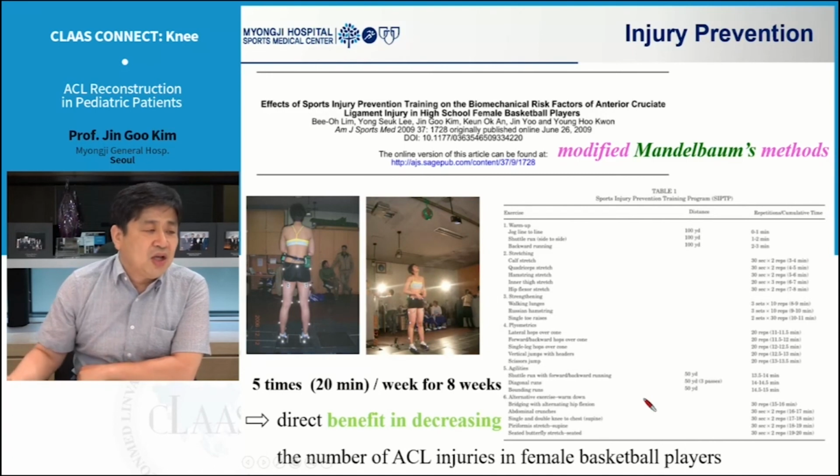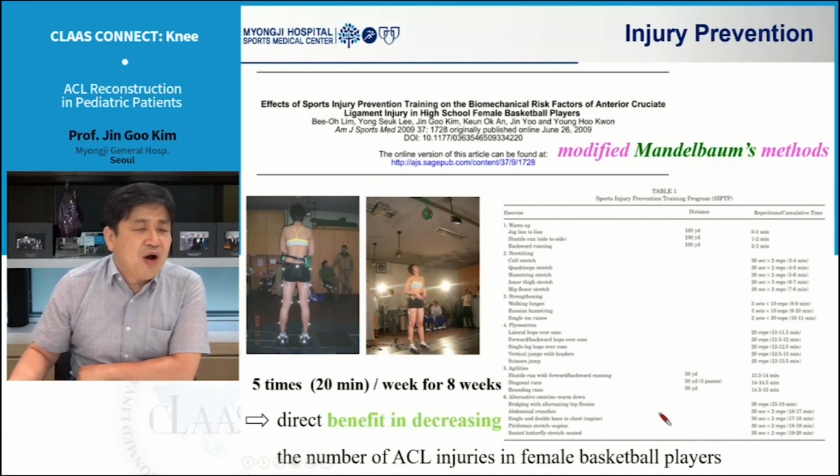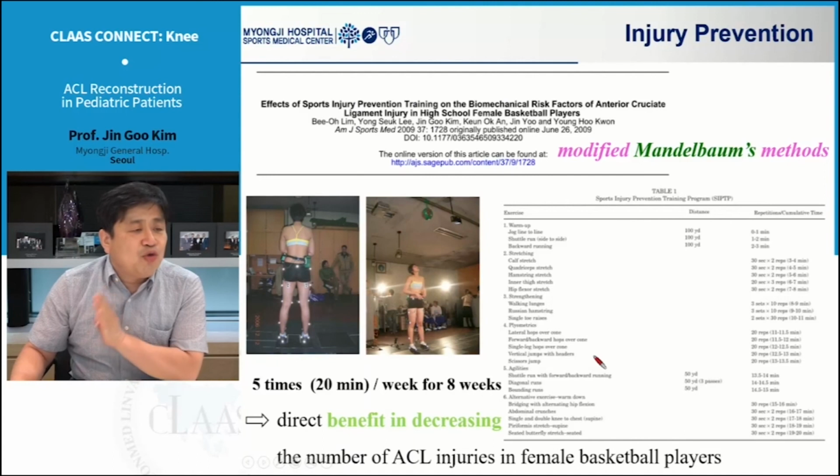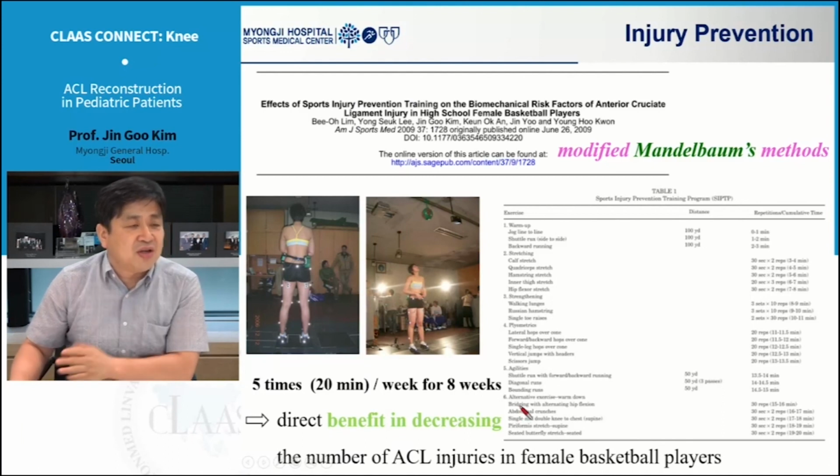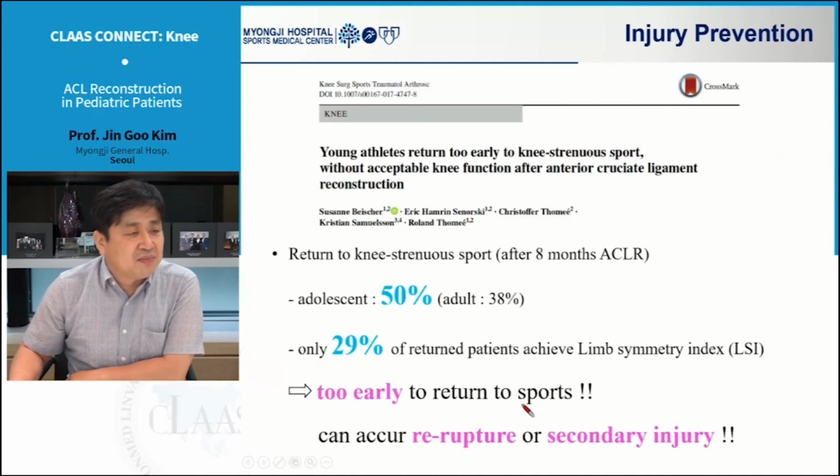We introduced a modified Mandelbaum method with warm-up, stretching, strengthening, plyometric and agility training for 20 minutes before starting high-level activities. So this will significantly reduce the risk factors.